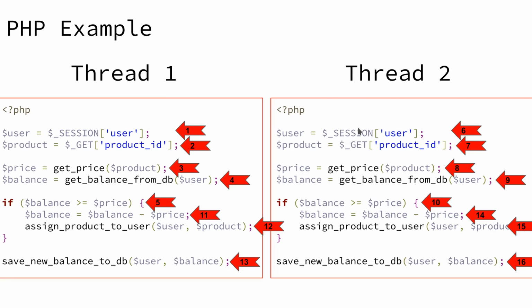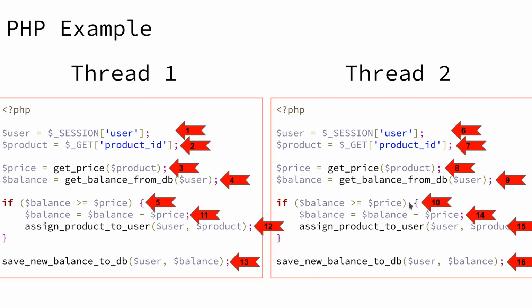So it runs, it also fetches the price, and then it fetches the balance again. So in this thread, the balance variable is 100 euros, and in this thread, the balance variable is also 100 euros. And then it reaches this if statement.